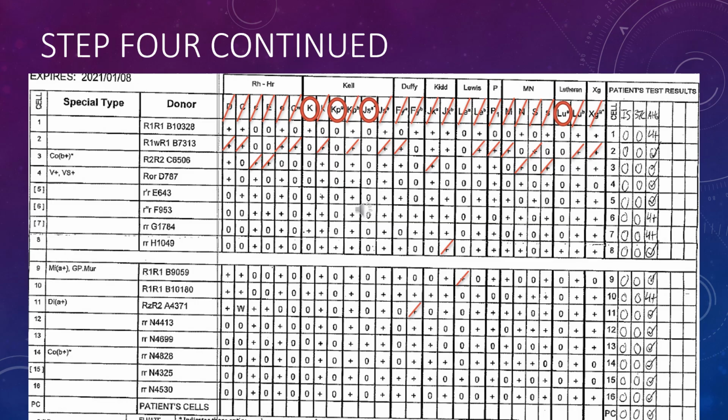So you generally don't have to worry about those unless you have an unexplained reaction with a cell that's positive for one of those. I know that's beyond the scope of this particular course, but you'll develop a feel for that in the future. But for now, just know that Lutheran A, KPA, JSA, those are low incidence. You're probably not going to have to rule those out.